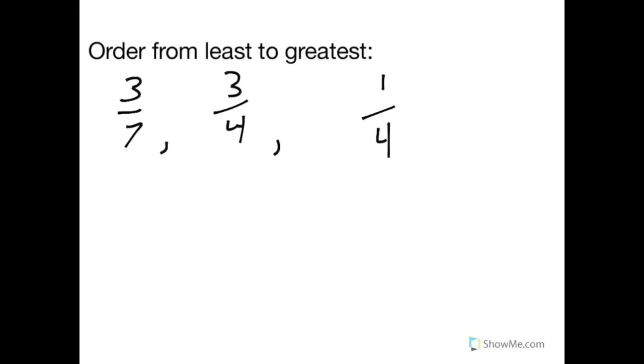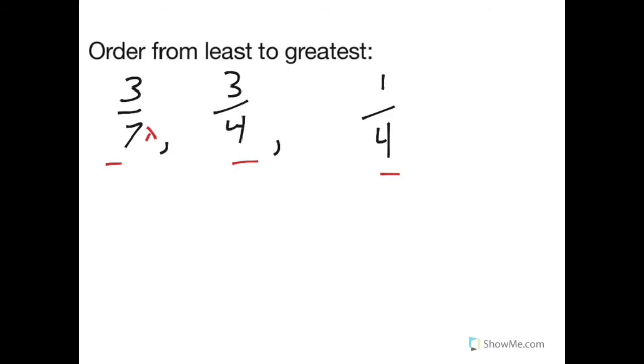Now, I'm going to order these three fractions, 3/7, 3/4, and 1/4, from least to greatest. You'll see that, obviously, 3/4 and 1/4, I know 3/4 is greater than 1/4. Those are like fractions. But 3/7 throws a wrench in things. So what we have to do is make sure that they all have the same denominator.